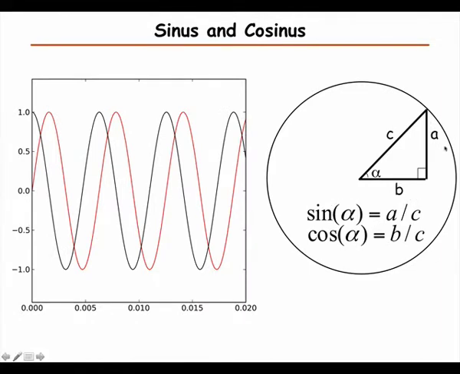Sine was defined as A divided by C, and cosine we define as B divided by C. So sine started at 0, while cosine starts at 1, because at 0 angle B and C are equal. It's simply the same function, just slightly offset.